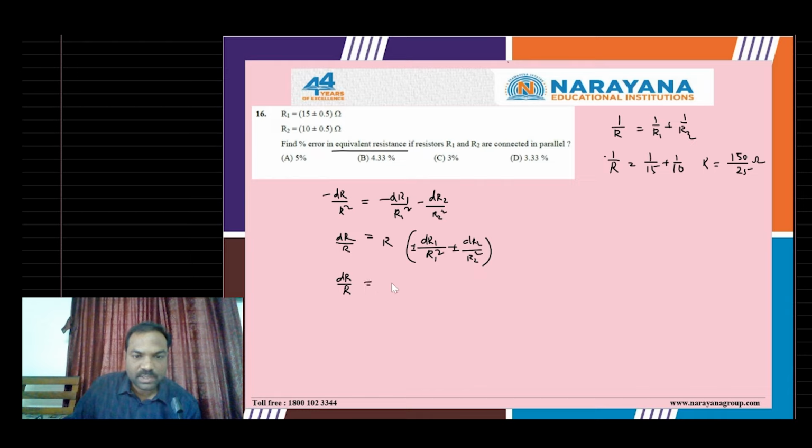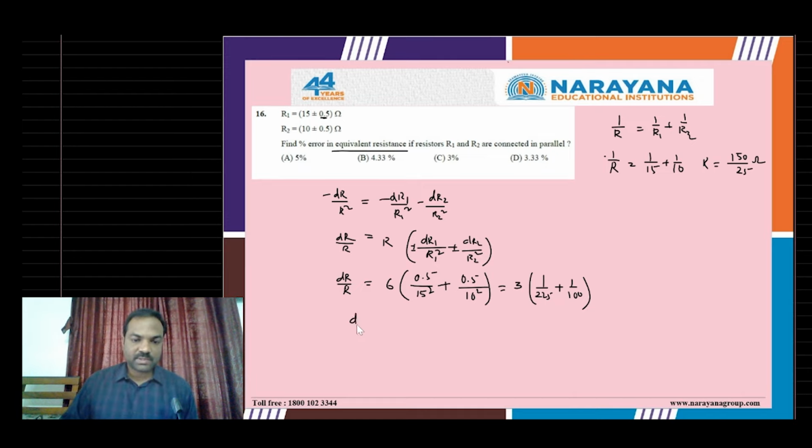So dR by R is equal to, R value is 150 by 25, you can write 6 also. 6 times dR1, which is the error in R1, 0.5, by R1 square, 15 square, plus dR2, 0.5, by R2 square, 10 square. You can take 0.5 outside, it will be 3. Then this is 1 by 225 plus 1 by 100.